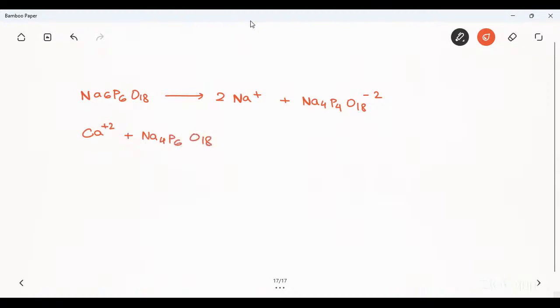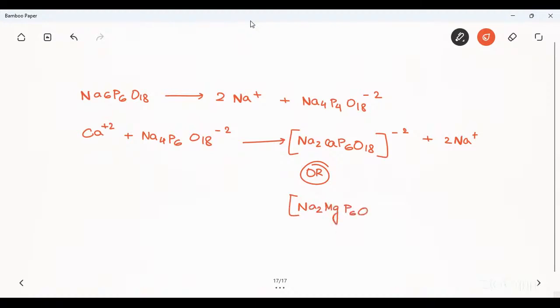So the thing is: Na6P6O18 gives 2Na+ and Na4P6O18 2-. Then Ca2+ plus Na4P6O18 2- will form Na2CaP6O18 2- plus 2Na+, or instead of this it will form Na2MgP6O18 2-.